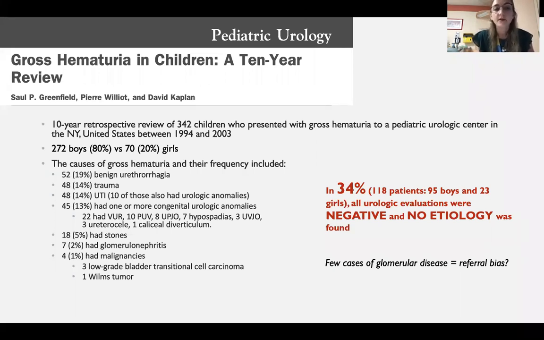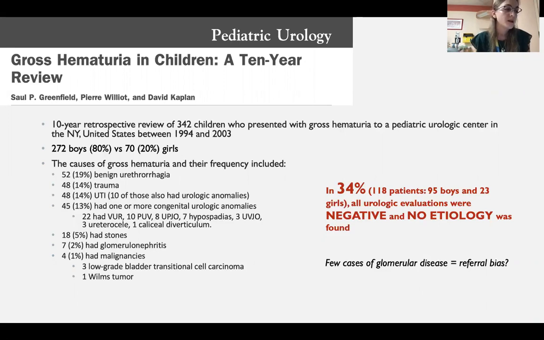In this paper, and this is stable compared to the rest of the literature about this topic, around 30%, so 34% for this paper, had no identifiable causes whatsoever. It's important to know for this case that no viral cultures nor calcium creatinine ratios were routinely obtained looking for viral cystitis or hypercalciuria, and no routine cystoscopy was performed.